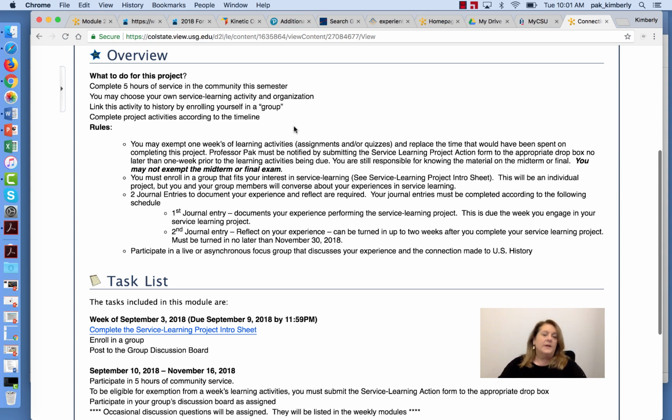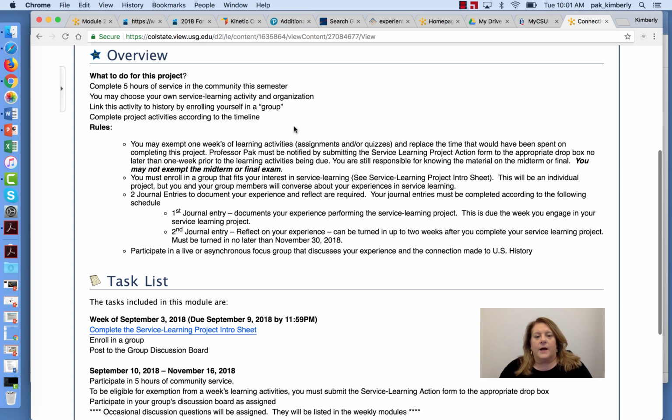Now you will still be responsible for knowing the material, because that material may show up on your midterm or your final. So you'll still be responsible for knowing the material, but if there's an assignment or a quiz in the week that you choose to do your service learning project, then you can be exempted from that.